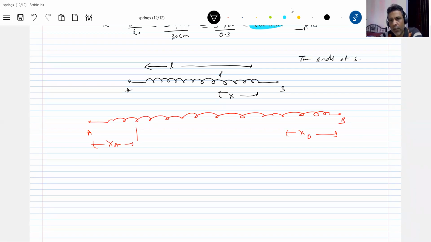The ends of the spring are displaced as shown.